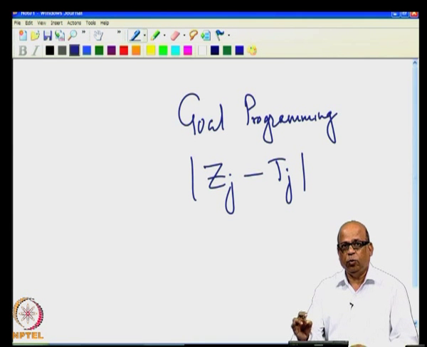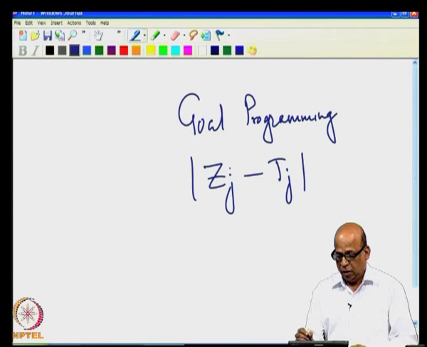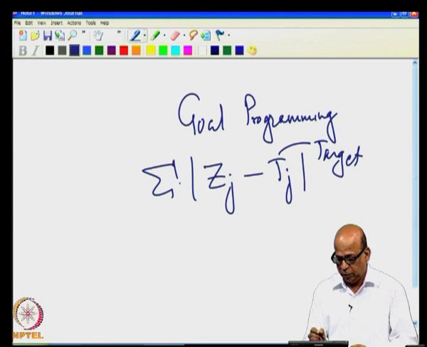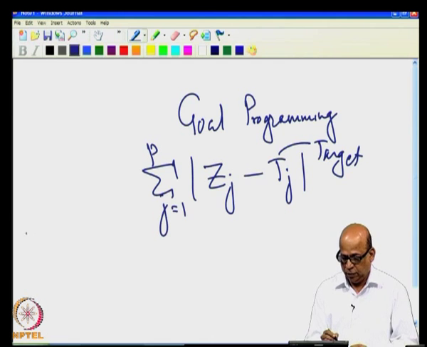Your goal is to meet this particular target, and Zj, which is the actual objective value that you attain, minus Tj, which was the target, the absolute difference you would like to minimize over all j's.